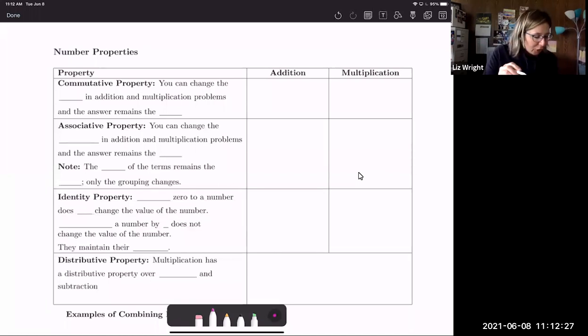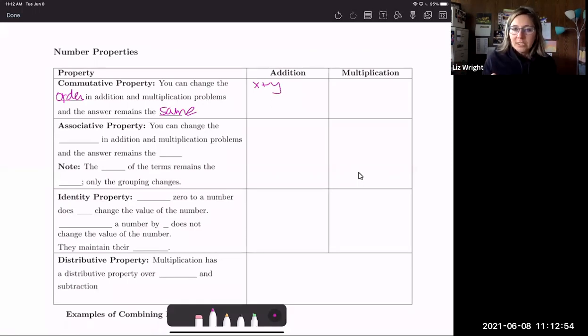So you can change the order in addition and multiplication problems in mathematical expressions, and the answer will remain the same. So for example, here's a very basic example. If we had x plus y, what would it look like to employ or to use the commutative property?